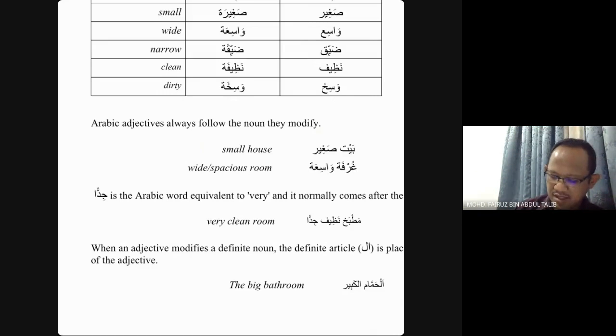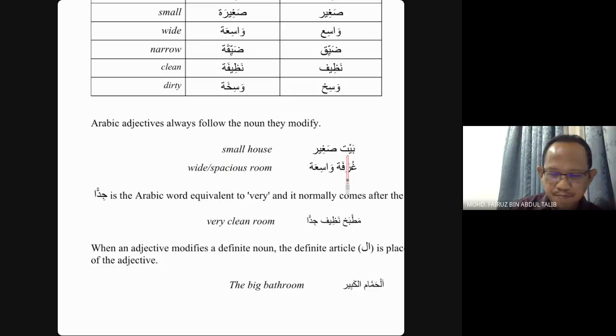Now, for example, you want to say small house. So do you start with small or do you start with house? Based on my explanation just now, do you start with small or house in Arabic? House, good, yes. So again, don't start with the adjective. Instead, start with the object that you want to describe. So, small house, what is the word for house?